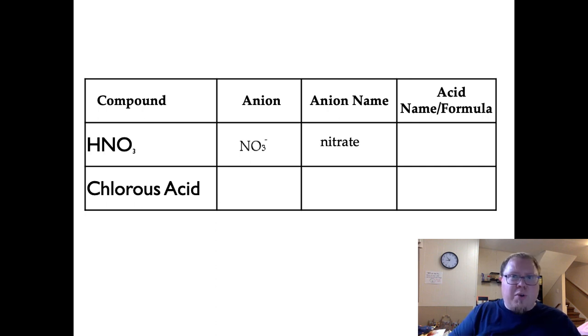So since it ends in ate, we're going to change that ending from ate to ic, nitric. And then we're going to add the word acid. It's called nitric acid. Now, remember, hydro is only for binary acids, so we're not going to call it hydronitric acid. It's just nitric acid.